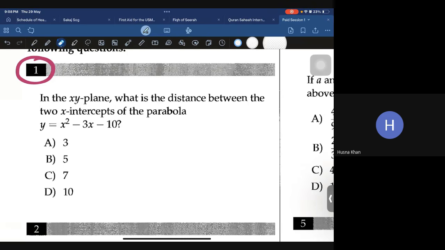So remember over here, they're asking for the distance between the two x-intercepts of the parabola. So first you need to find the two x-intercepts, which we did in the middle term breaking wala method, and then you'll find the distance between them.